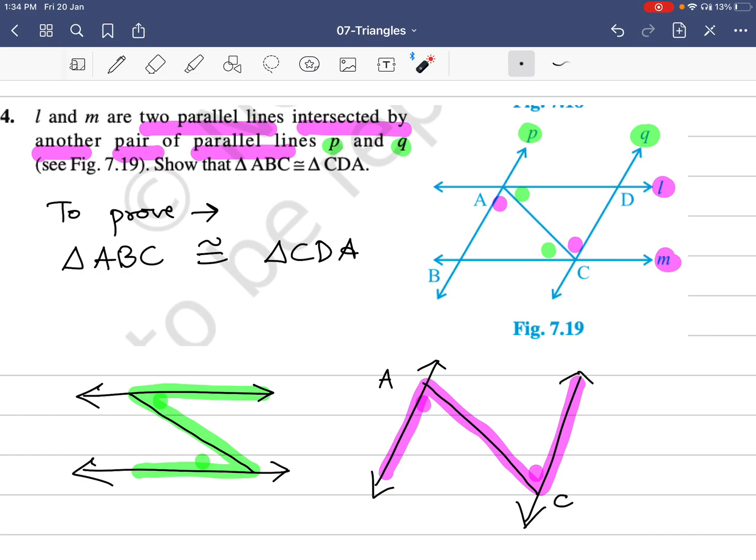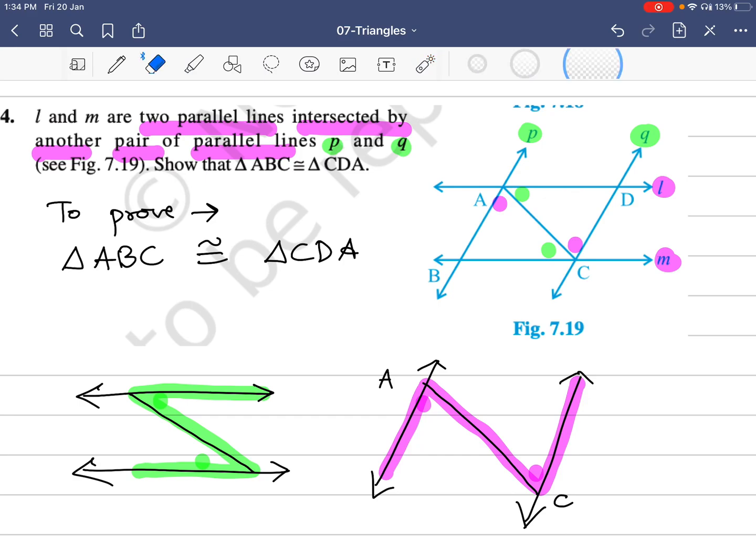So it's a bit difficult to visualize whether it is this Z or this Z. So I've drawn it separately so that we can understand. Now, in these two triangles, we have two pairs of angles equal to each other, and then of course side AC is common to both of them. So by angle side, the triangles will be congruent to each other.